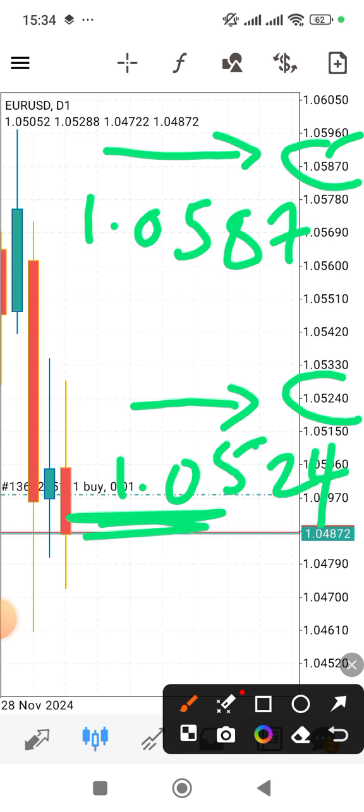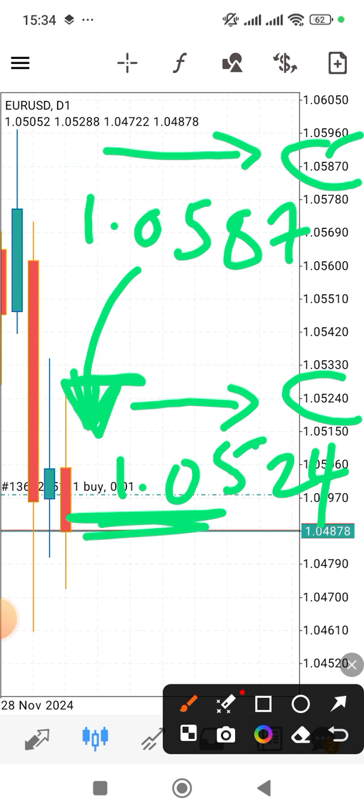So how many pips? You will not say how many numbers did it change from here to here. You call it pips. How many pips did it move? How many pips of movement? So we call it pips, the change in the number of a price of a currency.